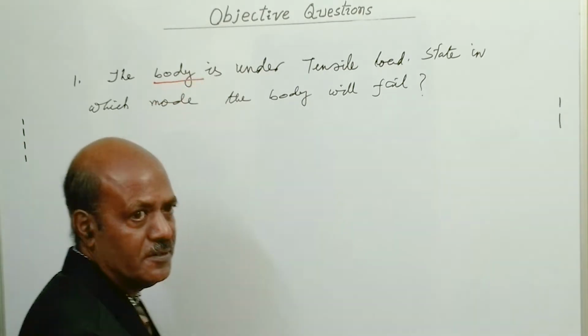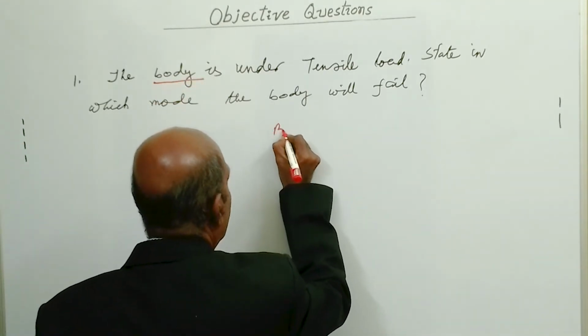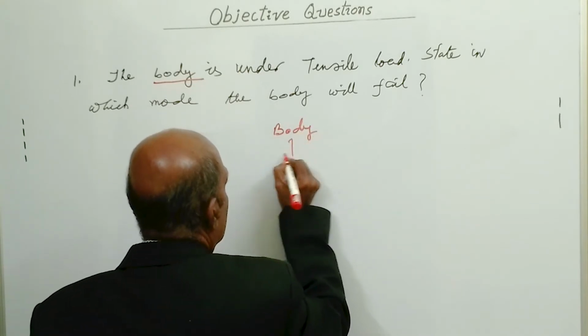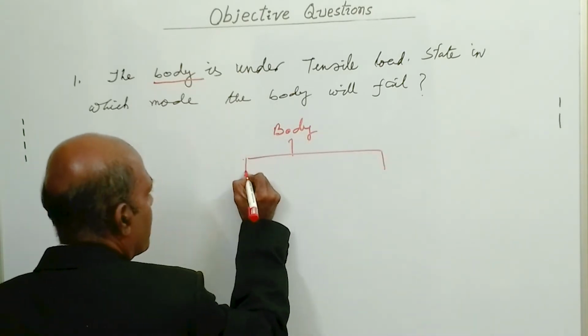So the body may be made of ductile material or brittle material.